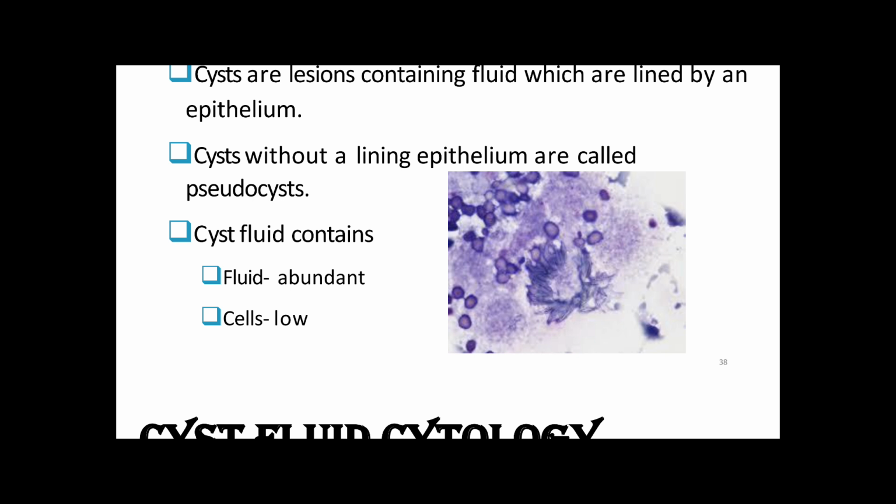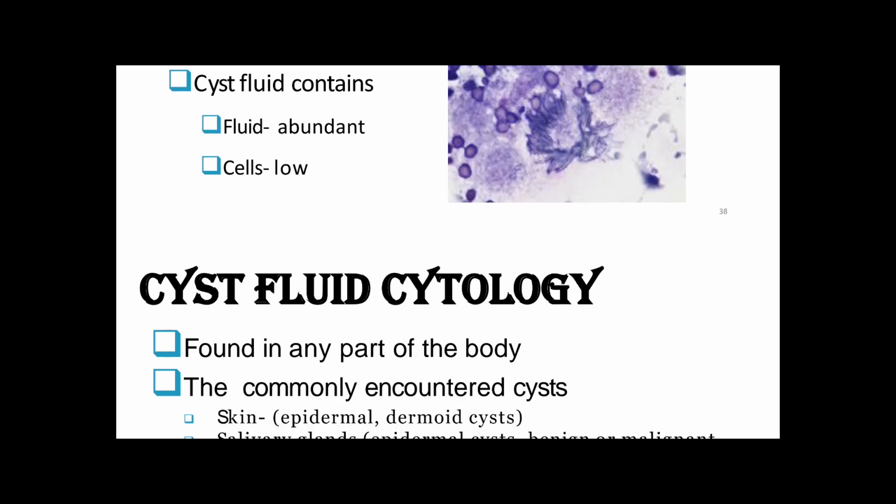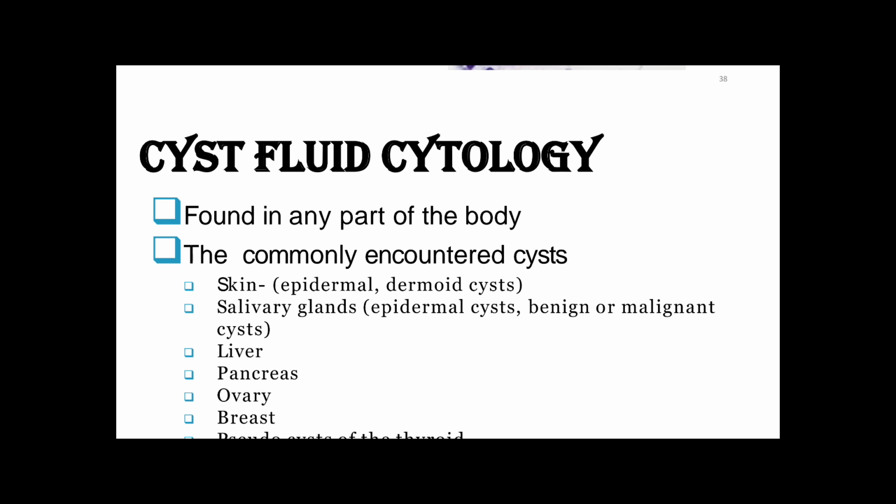After aspiration, the specimen should be centrifuged before making the smear. Otherwise, we will miss the cellular part because the cell numbers are very low. Cysts may be found in any part of the body, from skin to internal organs.